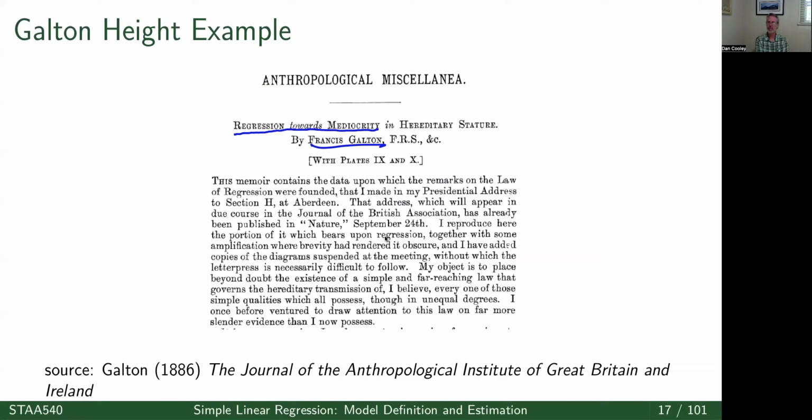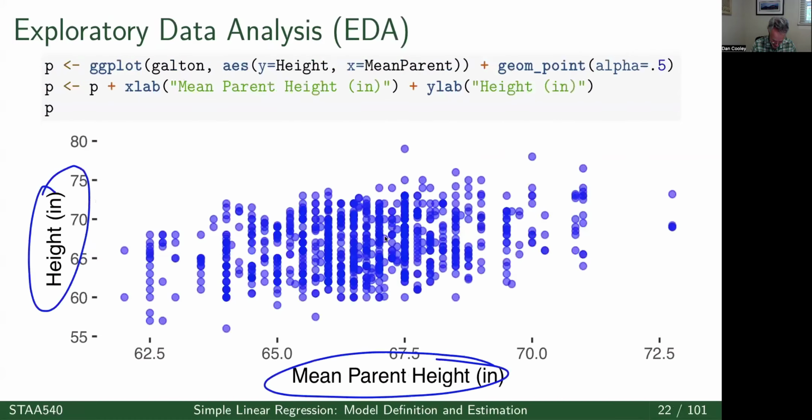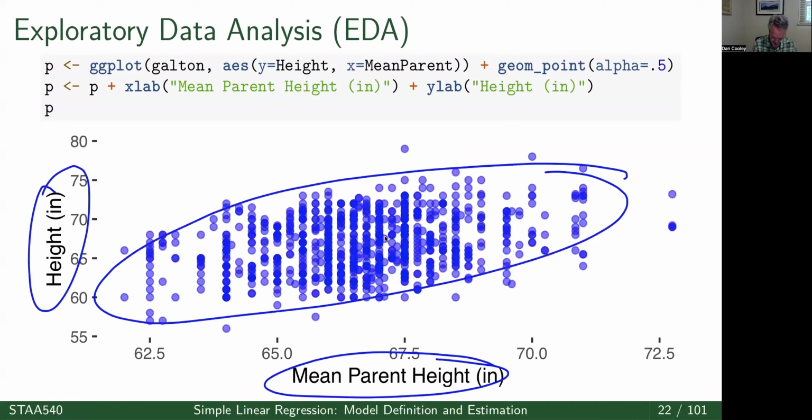What he found was that, yes, there was a positive relationship here, but that the slope of the line is less than 1. For every inch that the parent's height increased, that did not mean that the average child's height would increase by an inch. And so that's what he meant by regression toward mediocrity.